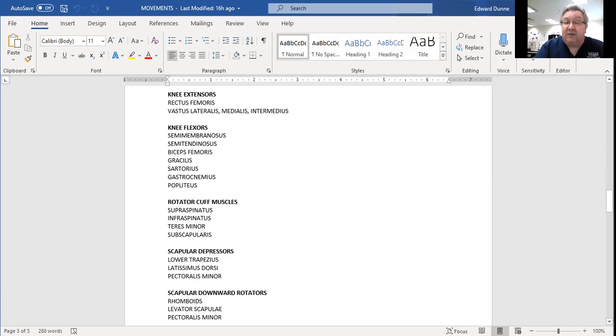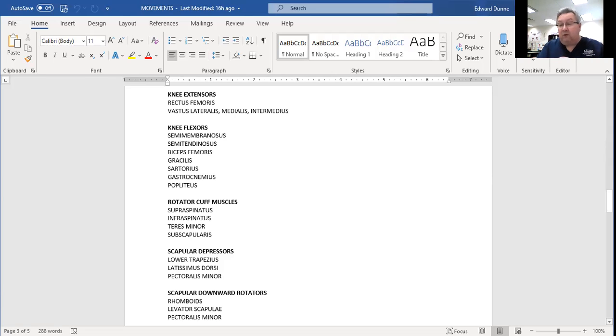The gracilis and the sartorius. Now, if you remember the pes anserine, you will know that all the muscles that are located on the pes anserine perform knee flexion: semitendinosus, gracilis, and sartorius. And finally, the popliteus muscle.